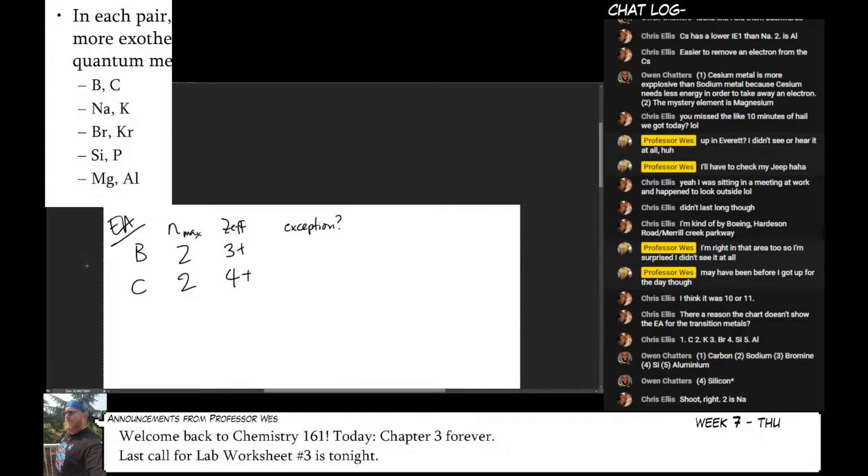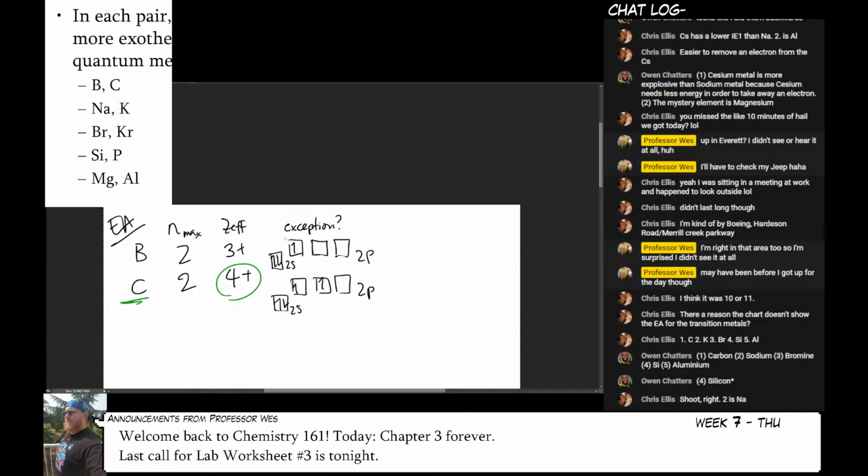So what we would normally say is, okay, the lowest possible n and the highest Z effective should have the highest exothermic electron affinity, or the most negative. Now what I'm going to do is draw this out for each of them, and we'll see if we hit an odd exception. Are we adding the first electron in here from 2s? I guess I should draw 2s also. So for boron, that looks like this, and for carbon, that would look like this.